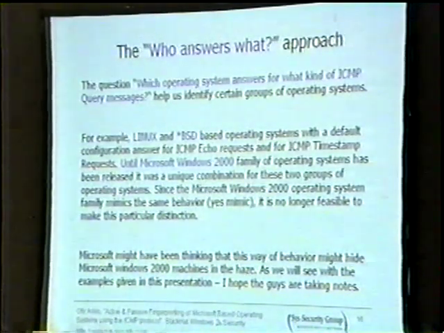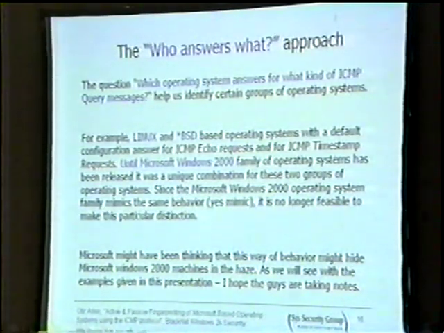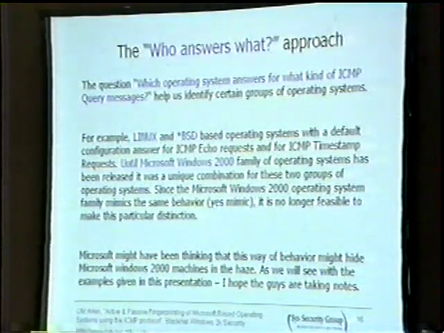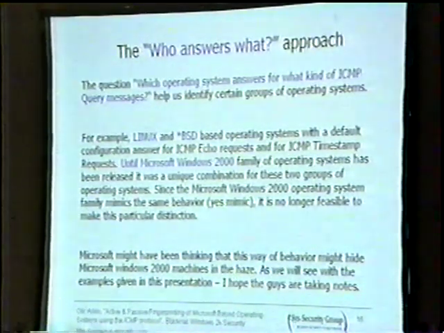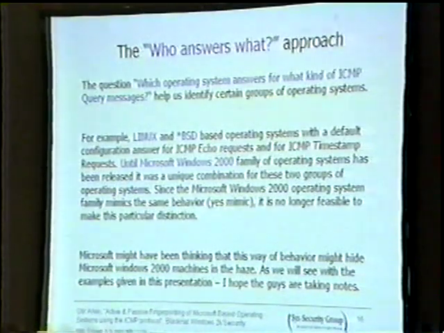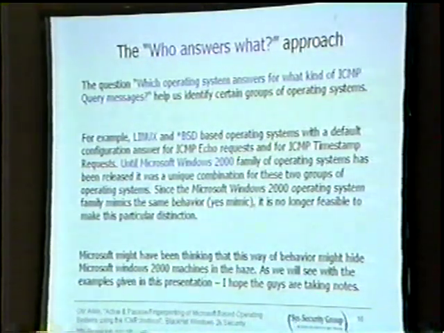Now, when Microsoft released Win2K, they did the same. They mimic the behavior of BSD, and if you ask David LeBlanc, he will say, no way, we do not do that. But yeah, they mimic a bit of the behavior of the Unix operating systems, and I will demonstrate later why I say this.